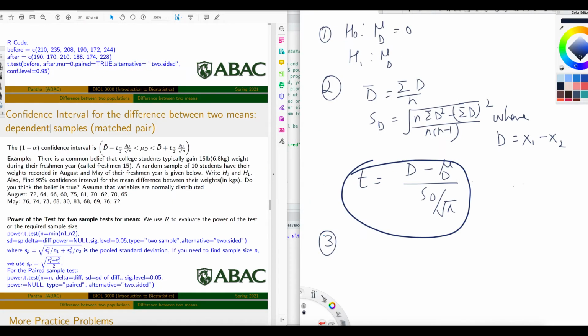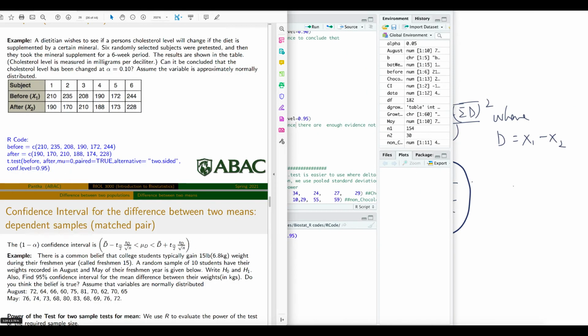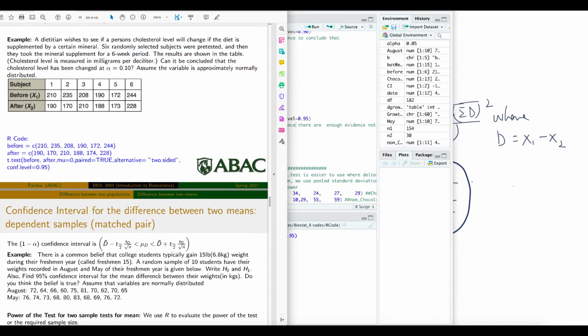Most of the time, if the data are collected from the same samples before and after, or at two different times, then that type of samples are the paired samples. In that case we will be using the paired sample t-test. So this is how you do the paired sample test.